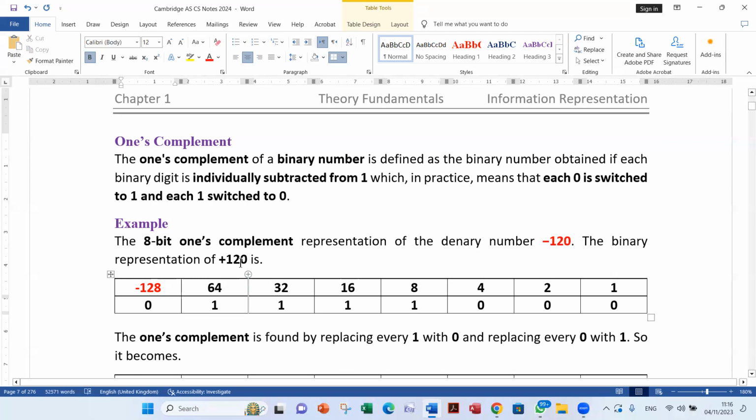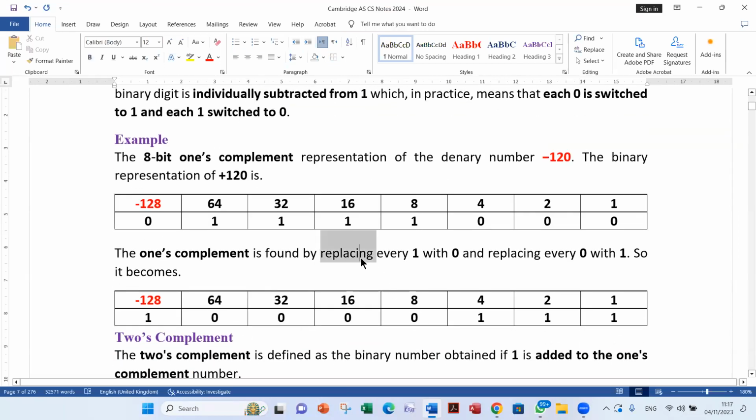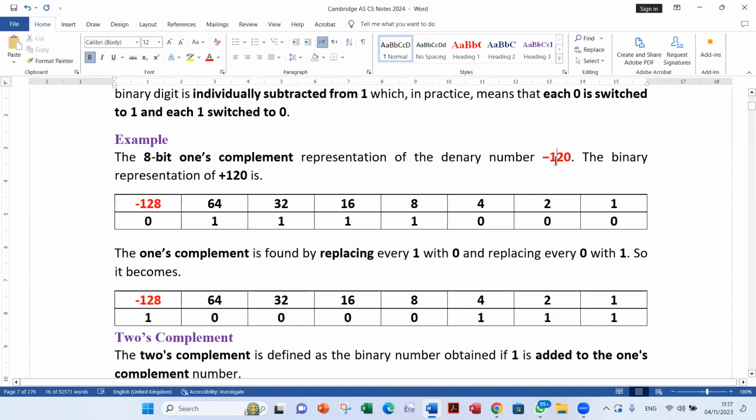So you represent the positive 120: 64 plus 32 plus 16 plus 8 becomes 120. The 1's complement is found by replacing every 1 with 0 and every 0 with 1. So it becomes this, the 1's complement representation of negative 120. You need to study it.